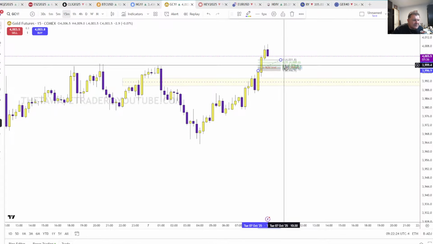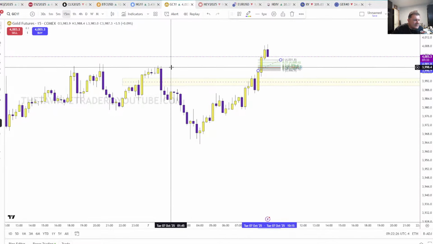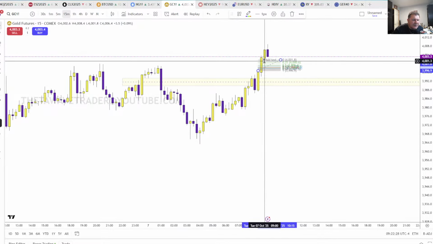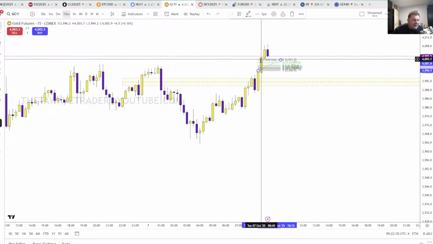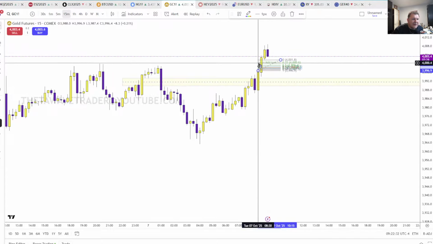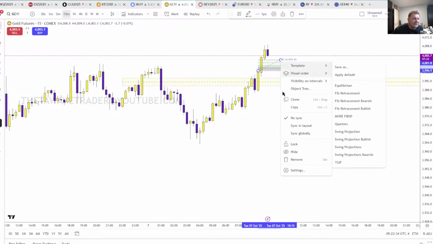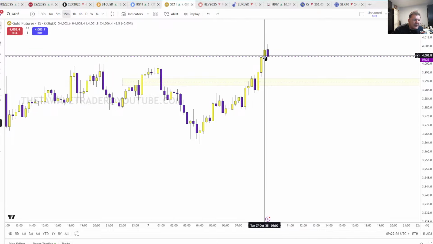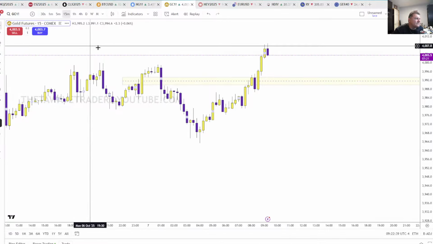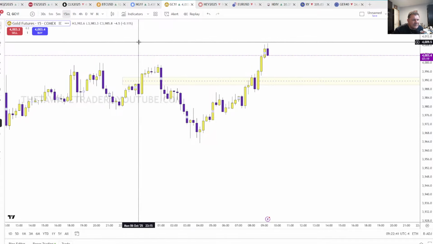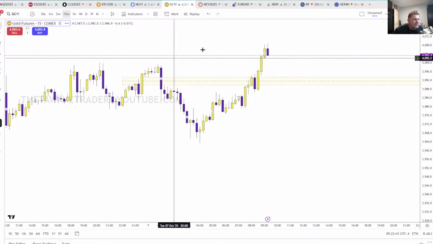Does that make sense? That's where your 50% is, lines up. It's not always accurate, obviously, but it gives you an idea of where you want to see price run back to. Anyway, that's how you reverse engineer this candle here. It's not a micro thing. It's just something I was working on.